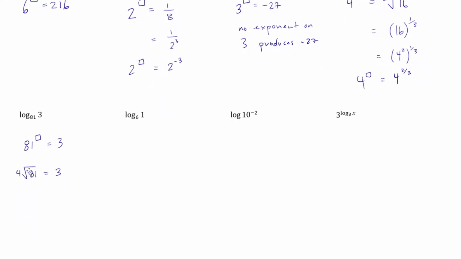So how do we write the 4th root as an exponent? Well, 81 to the power of 1 over 4 is the 4th root of 81, and that should be equal to 3. So what exponent on 81 produces 3? Well, 81 to the power of 1 over 4 produces 3. So the answer there is 1 over 4.